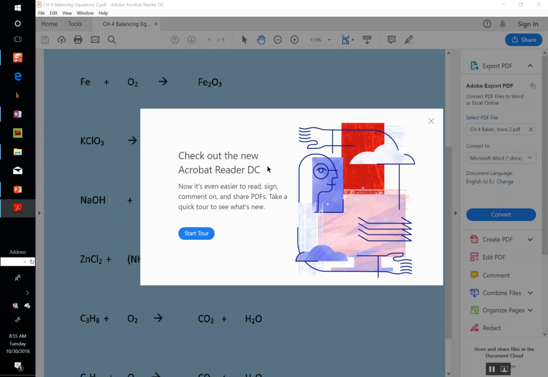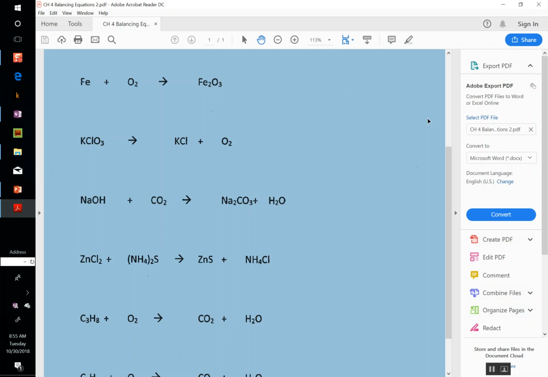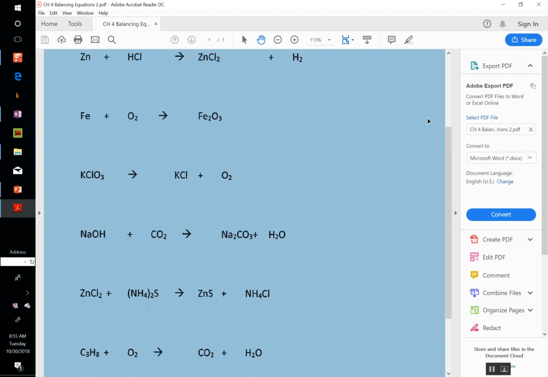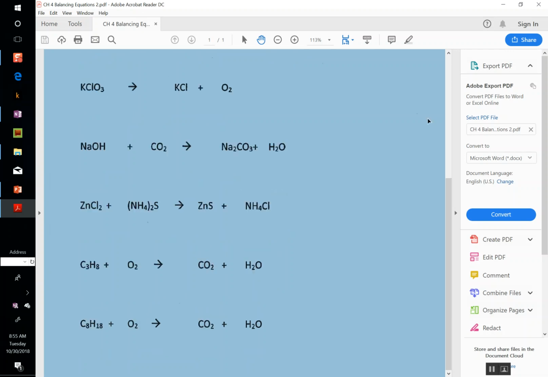That's kind of a sign that you've got a decomposition going on here. I'm talking about the KClO3 going to KCl and oxygen. It's decomposing. Let's see if I can find another one. Here's some combustion ones, pretty obviously. Reacting with oxygen, producing carbon dioxide and water, that's combustion.